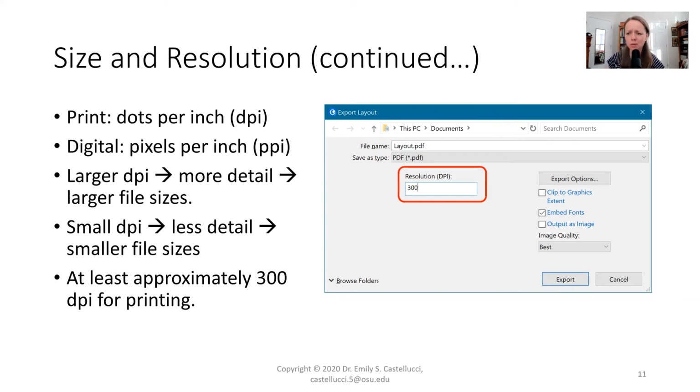And you might say, well, why not just make it as big as I can? I'm not worried about size. Well, even if you're not worried about the size, you do need to be concerned with whether or not that size is going to be accessible for someone else's device. Just because you can crank it up to 1,000 DPI and make it work for you doesn't mean, one, that that's even necessary, or two, that that's accessible to somebody else.